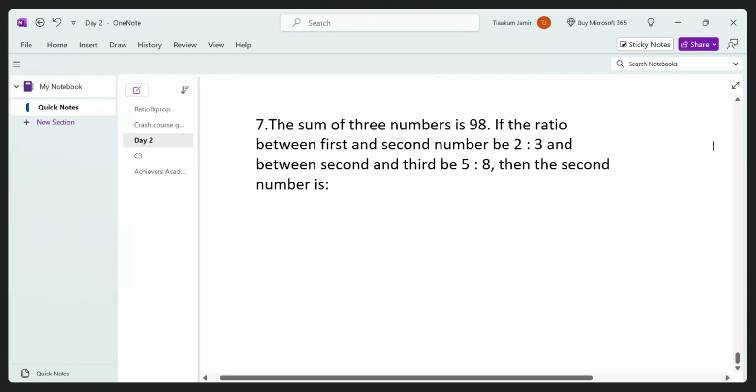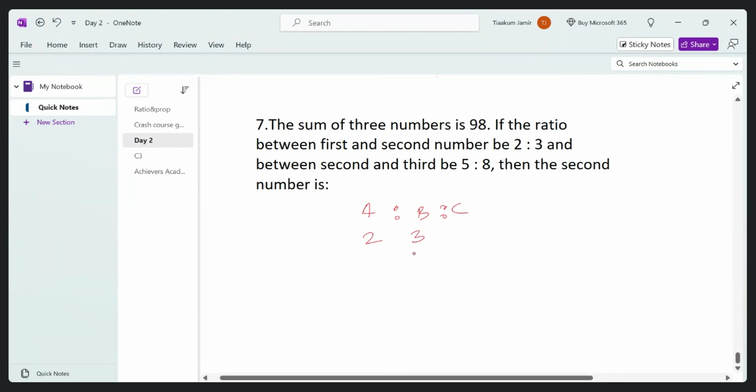So let's check. The ratio we just learned earlier. The sum of the three numbers is 98. The three numbers are in terms of ratio. So let's say A, B, C, the first, second, third. First and second are in the ratio 2 to 3.